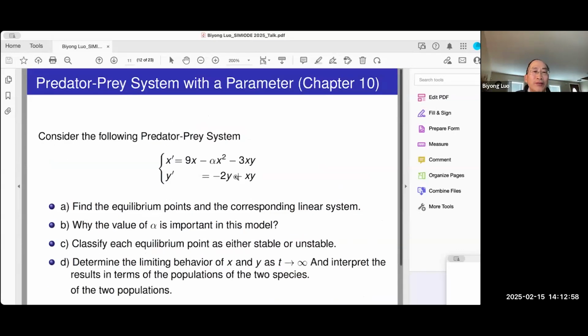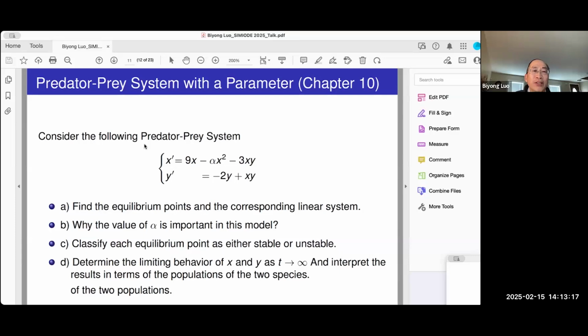Next problem, we ask students to use software to determine the different alpha parameter related to this model.